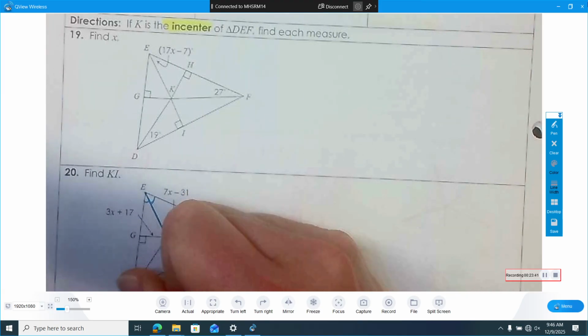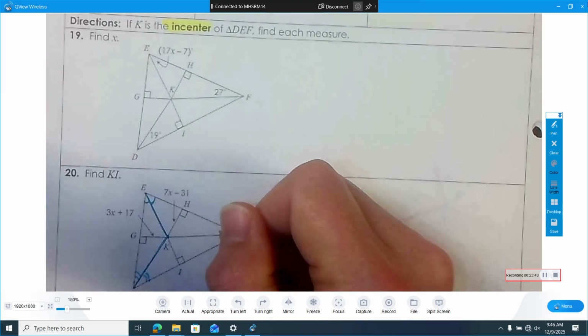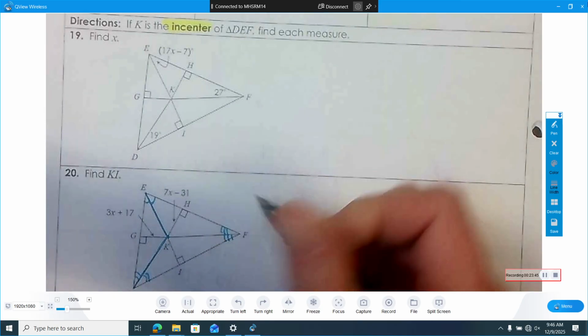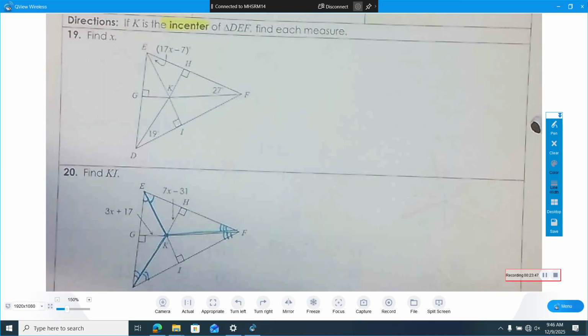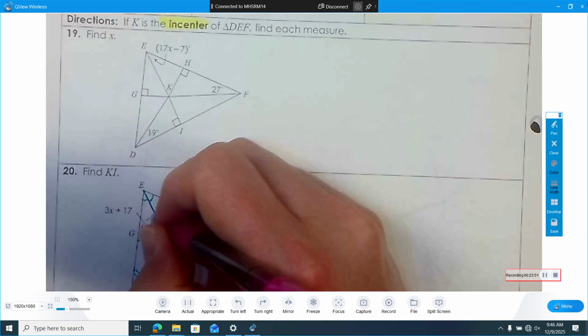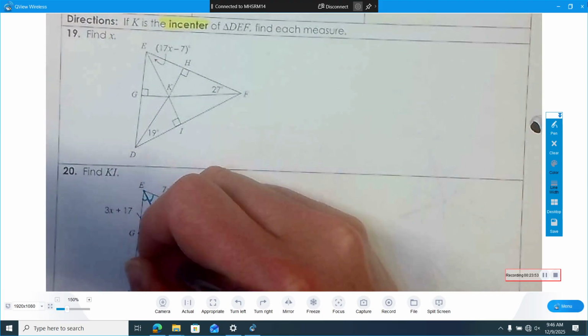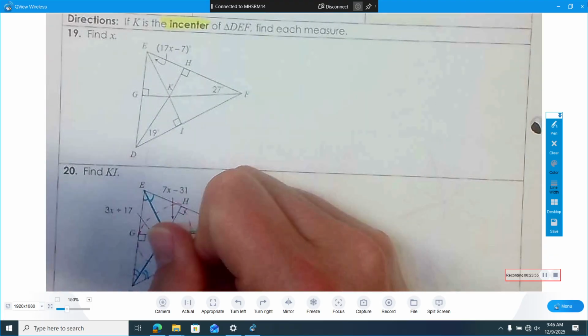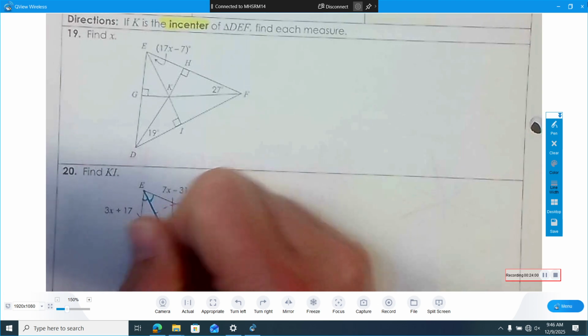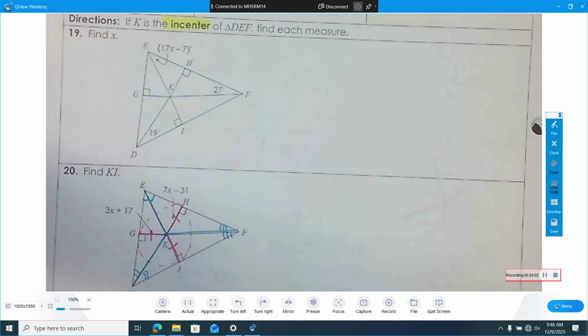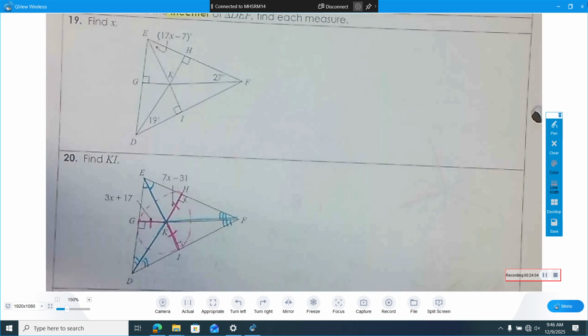Angle D gets bisected. Angle F gets bisected. And when we do that, we get an inside circle, which means all those little radii, my pink segments here, are congruent.